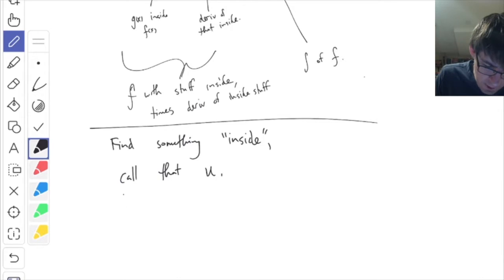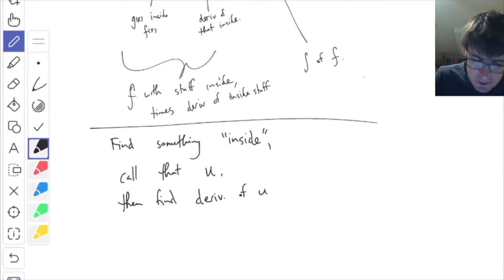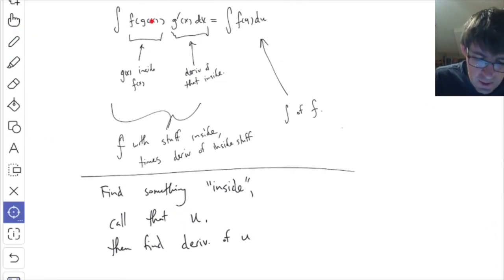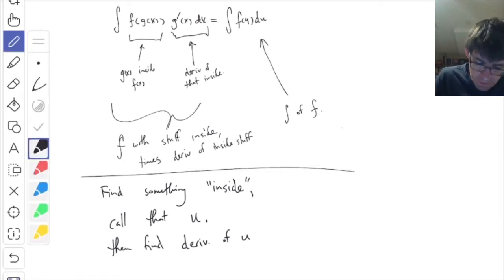Then find the derivative of u, because that's what we want to see next in our formula: f with something inside of it, and then immediately followed by the derivative of the thing on the inside. Now I called the thing on the inside u, so I find the derivative of u and call this du.